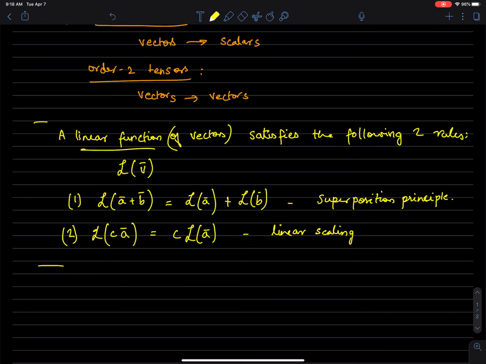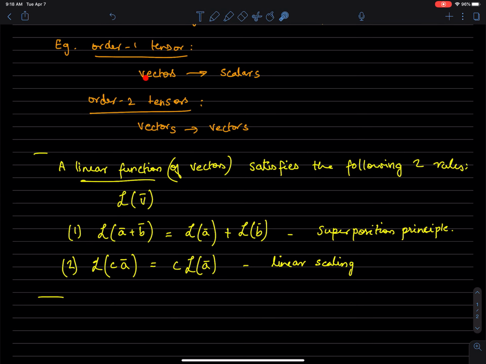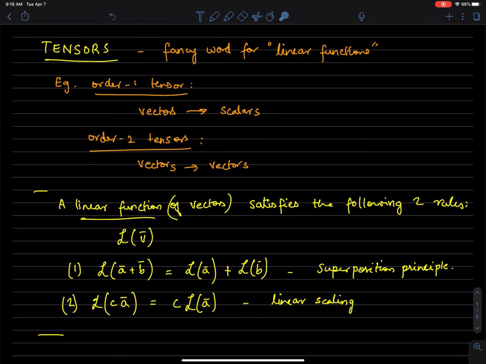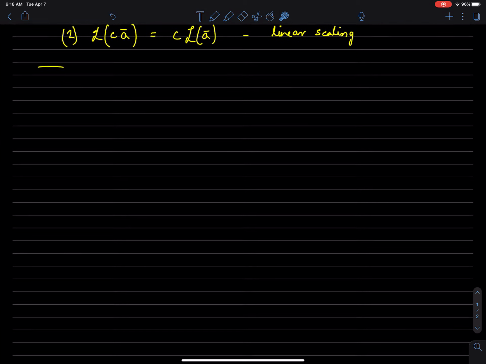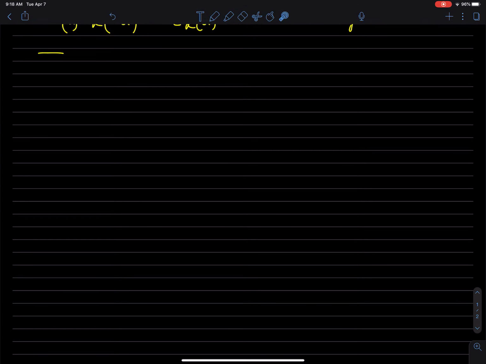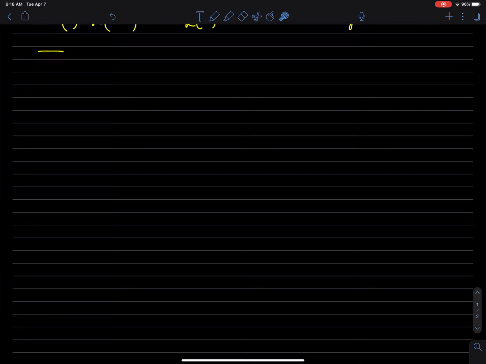Now let's briefly look at what order 1 tensors and order 2 tensors are. Both of these are actually quite familiar to you, but it's good to understand this more abstract mathematical idea of tensors as general background for some of the things that we're going to talk about. So let's briefly talk about order 1 tensors.